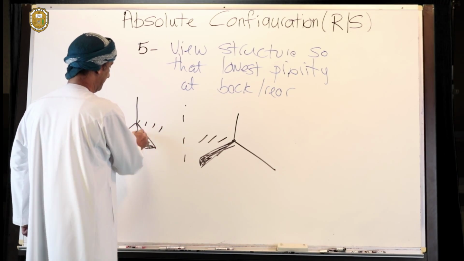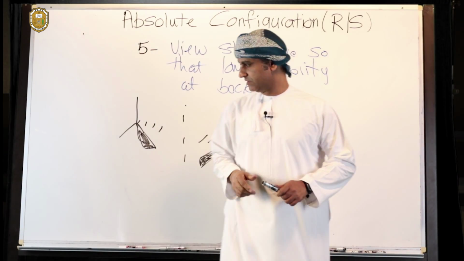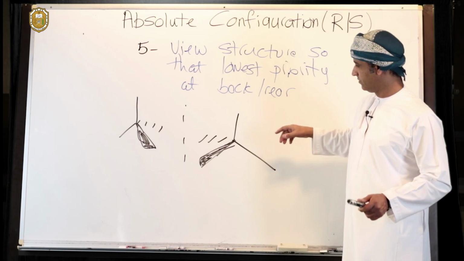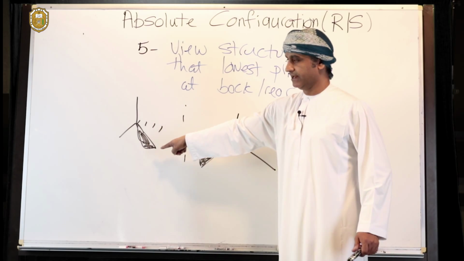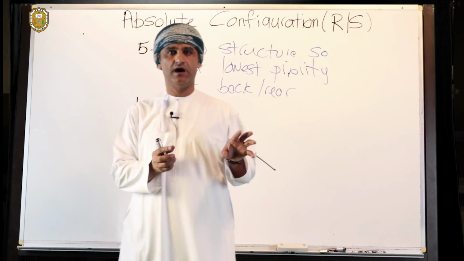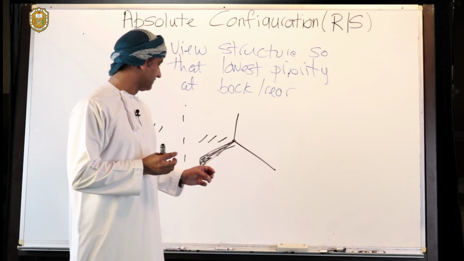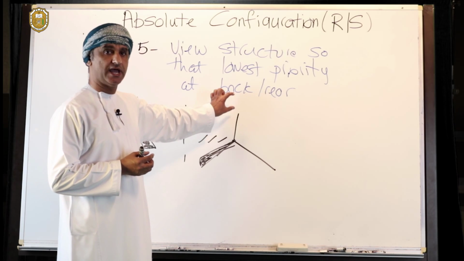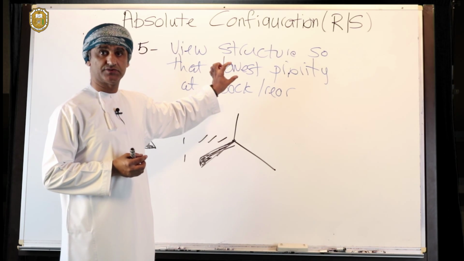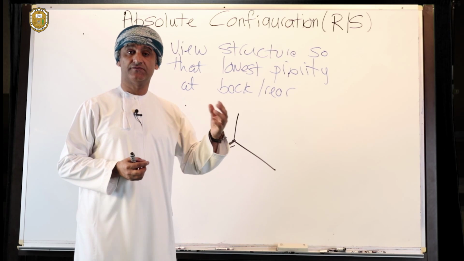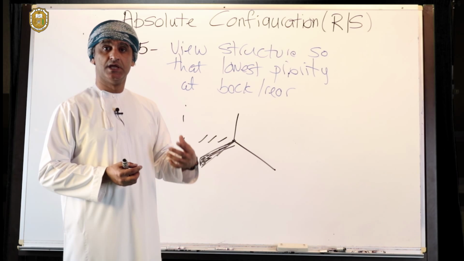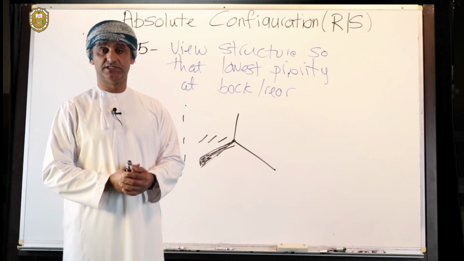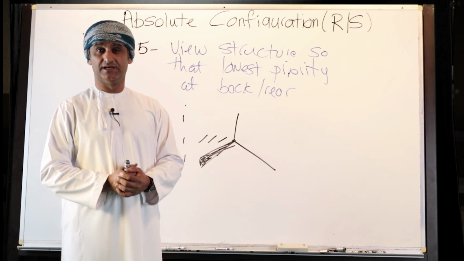So the lowest priority group, or group number 4, can be here, there or there, and of course there, and here. So the way, again, they are treated is different. In other words, if group number 4 is here, where do we look at? Well, we need to look at the structure so that group is away from us, so it's clear we need to look at it from the opposite side. We will take each of these cases separately coming up.